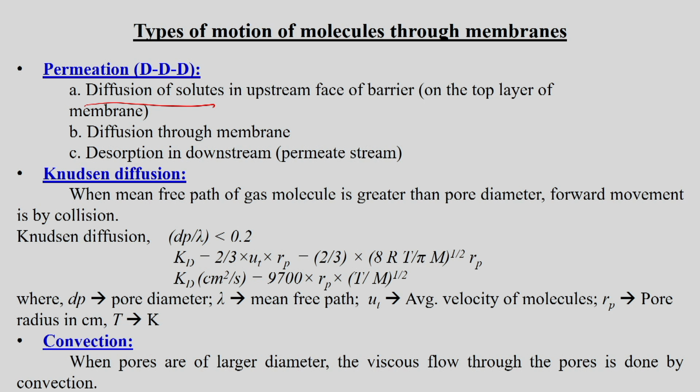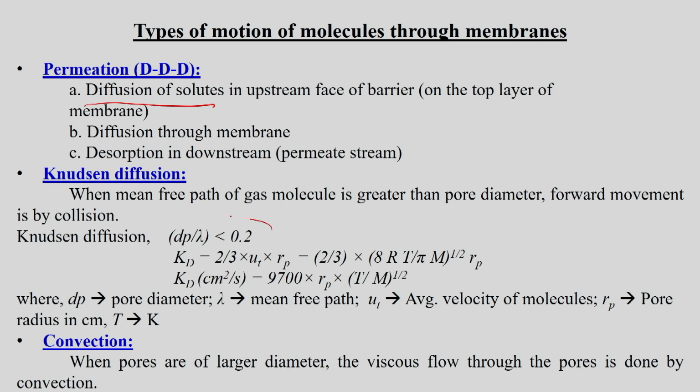Another one is Knudsen diffusivity. When the mean free path of the gas molecules is greater than the pore diameter through which the gas will be permeating, forward movement is done by collision, and Knudsen diffusion controls the transport of the gas species through the pores.